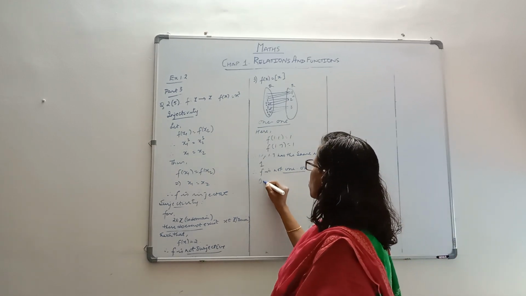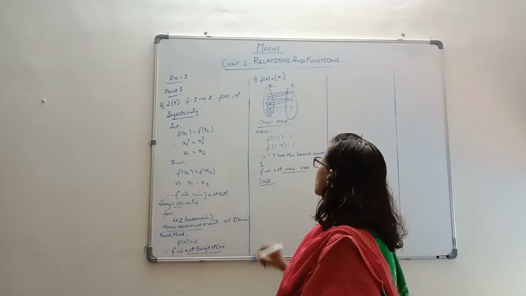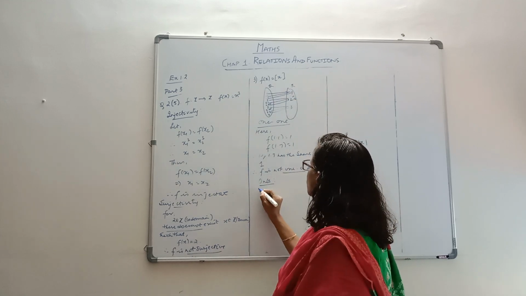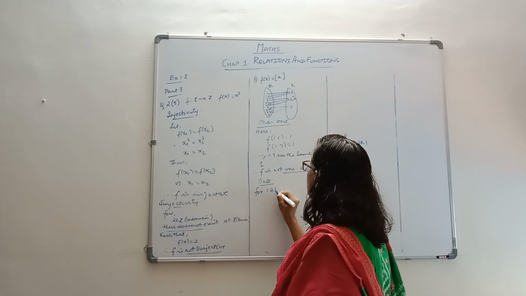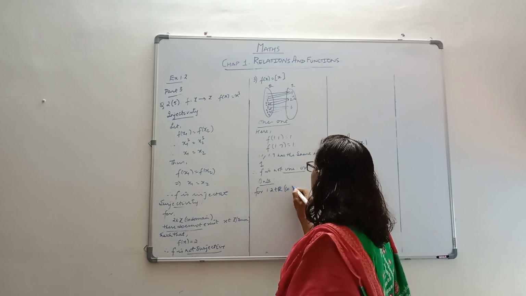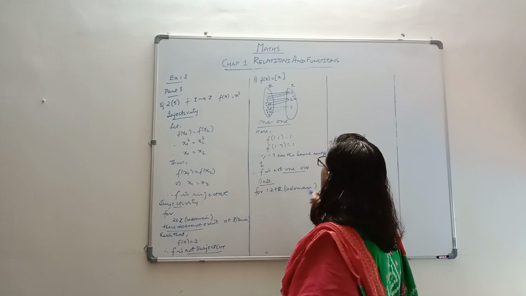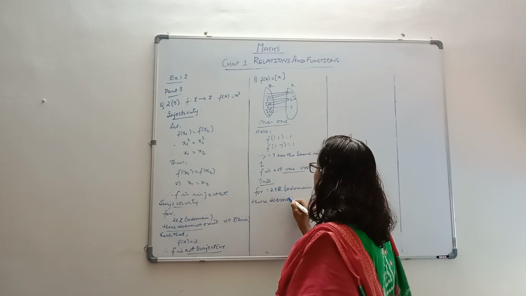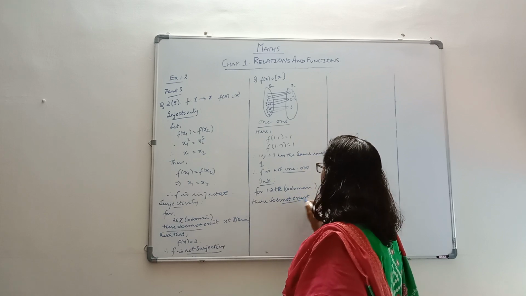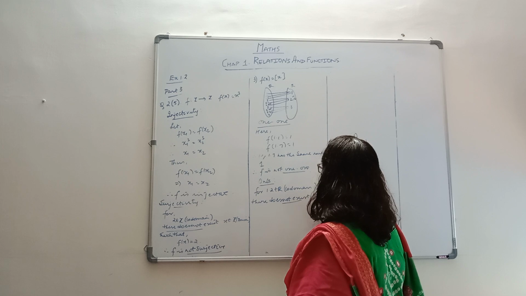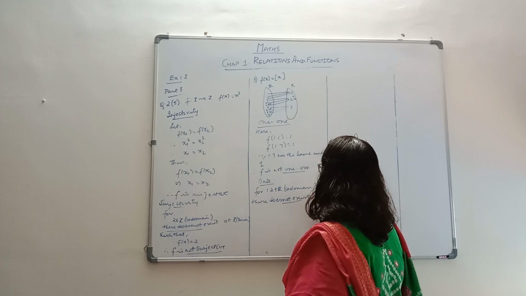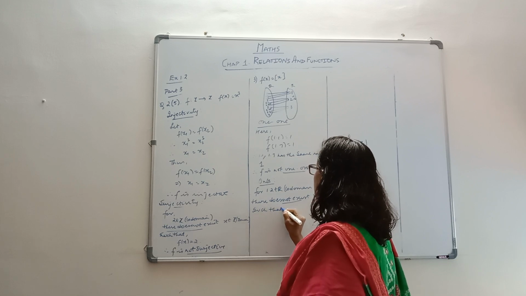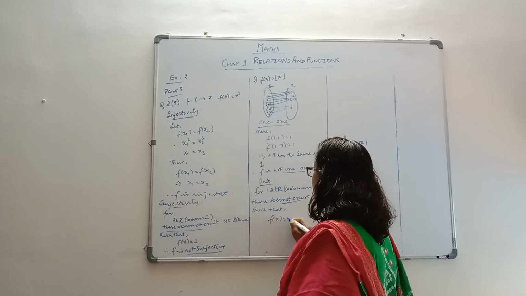Then we'll show why it is not onto. For anything, right, you have so many numbers over here. For 1.2 belonging to R codomain, there does not exist x belonging to R domain such that f of x is 1.2.